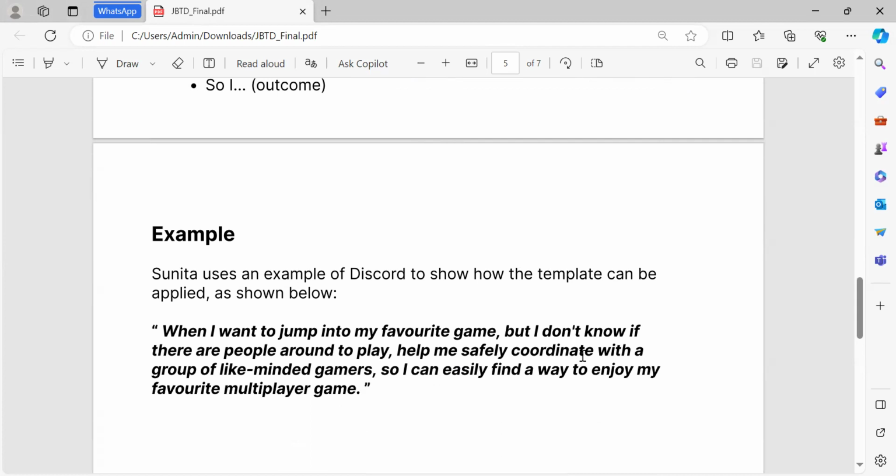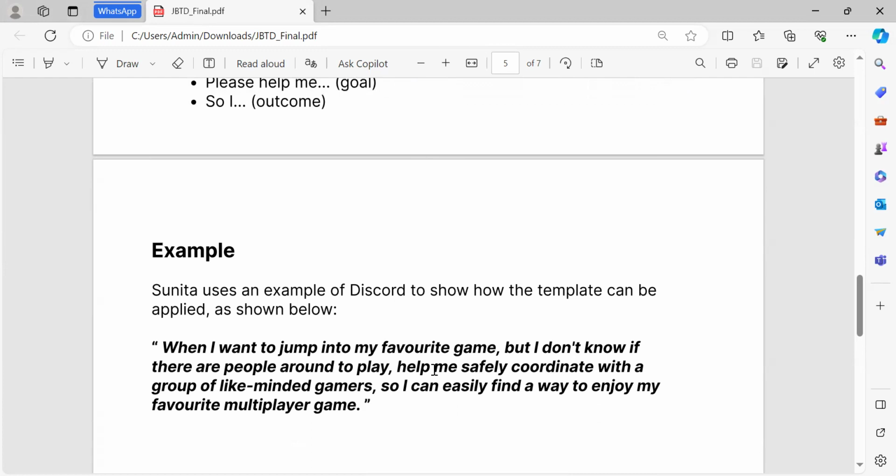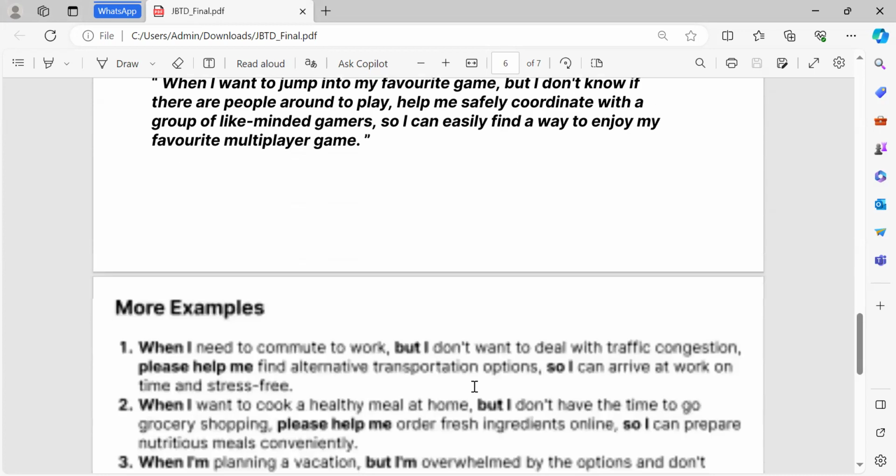So I can easily find a way to enjoy my favorite game: that is the ultimate outcome. Once the goal is achieved, our outcome will follow. So we need to help the user achieve their goal so that they can ultimately see their outcome. This was one example of JTBD statements.